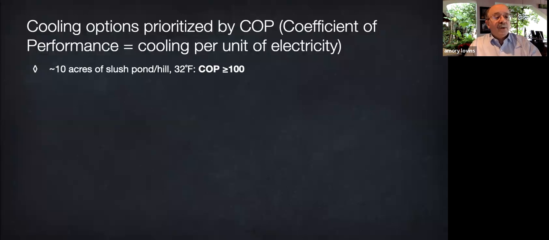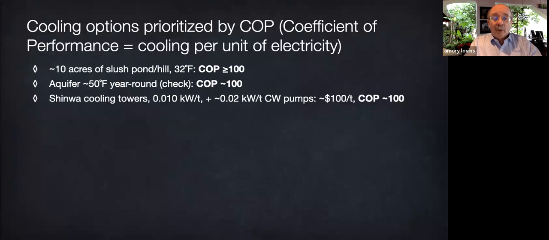In a Northeast US location where we were helping design a new chip fab, we could get over hundreds of units of cooling for each unit of electricity by using a seasonal storage ice pond, actually a slush pond, or probably from the abundant aquifer, or even from Mr. Lee's super efficient cooling towers and pumps. That's 3 super efficient methods.